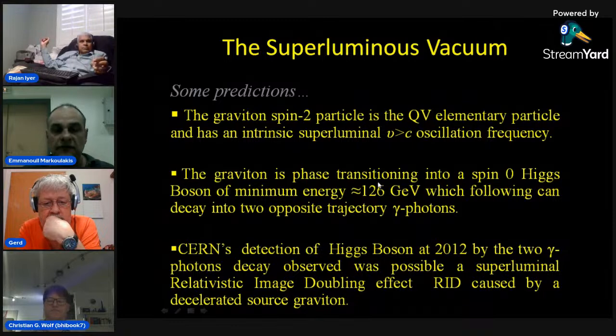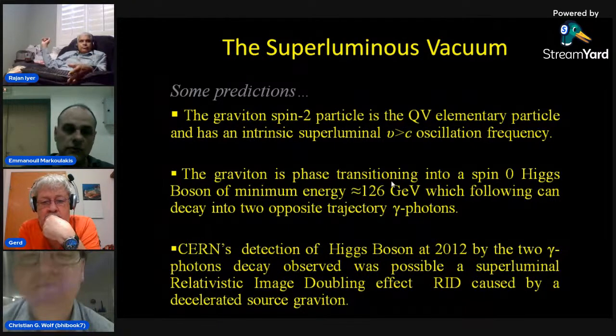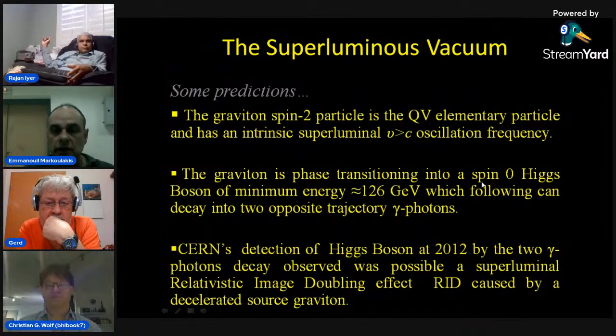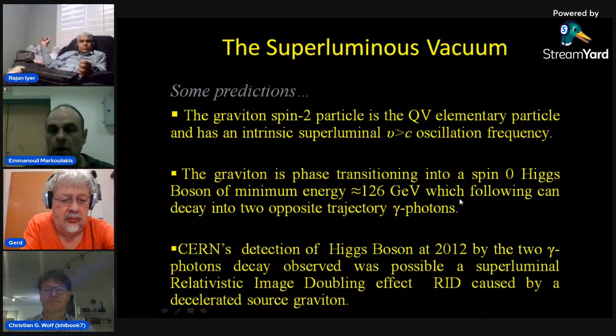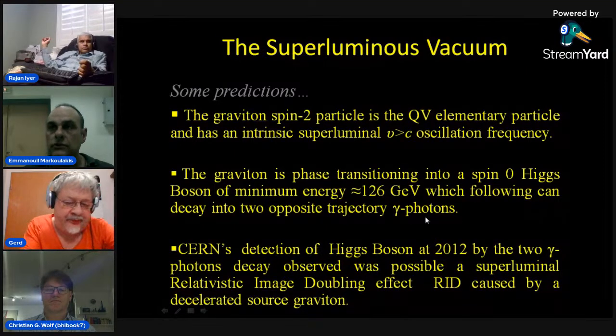Now talking about the LHC experiment, the detection of the Higgs boson. The graviton is phase transitioning into a spin 0 Higgs boson of minimum energy about 126 giga-electron volts, which can decay into 2 opposite trajectory gamma photons.